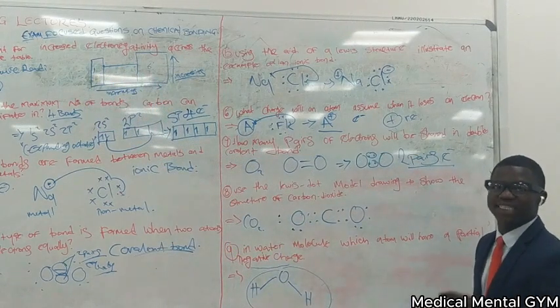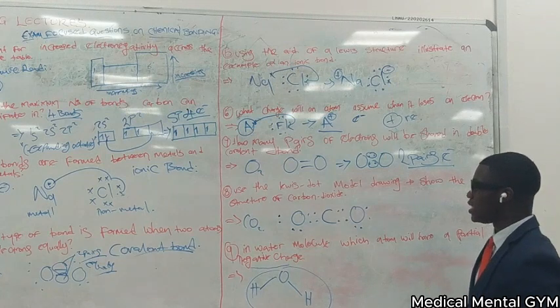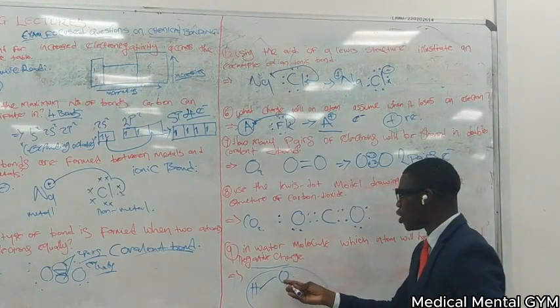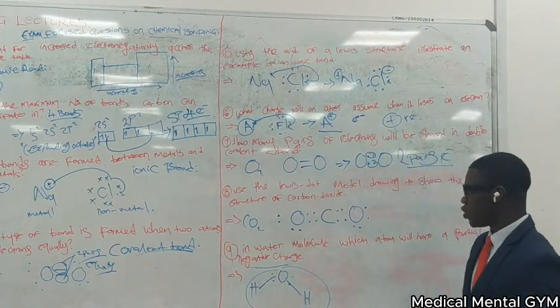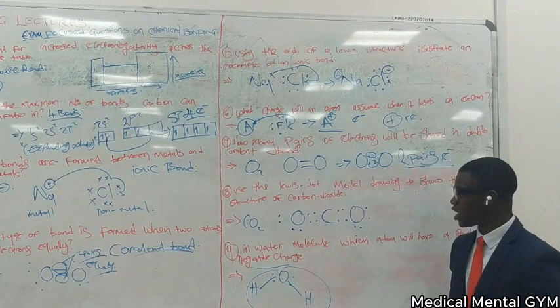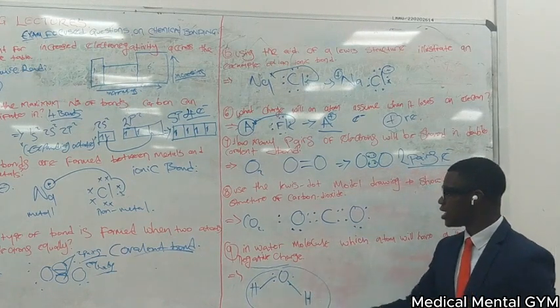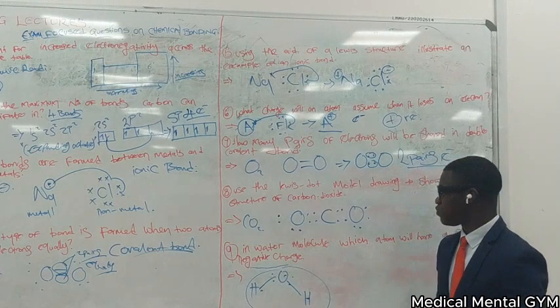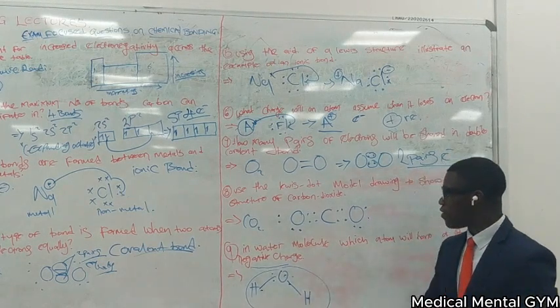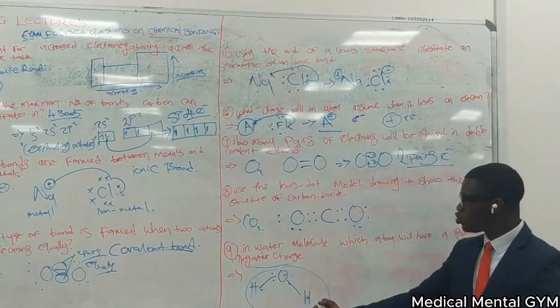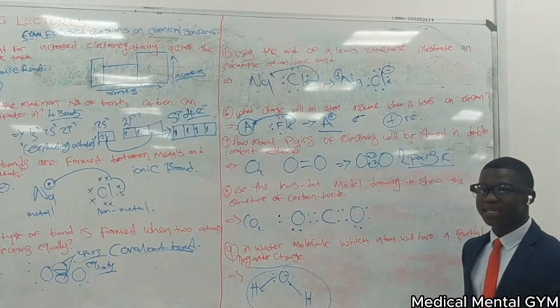So electronegativity means that it has a stronger pull on electrons. So in the sharing of electrons between this hydrogen and this oxygen, the oxygen will have more electrons drawn to its orbit.